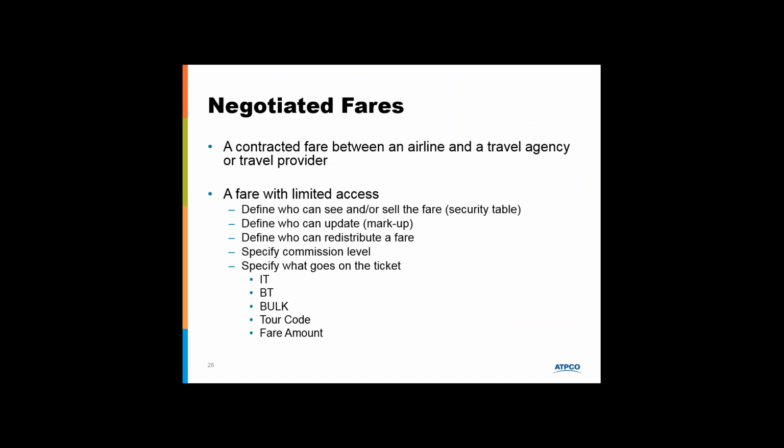We look at a little high level at some of these categories. Negotiated fares, which I think many agents are familiar with. This has the ability for the airline to indicate who can sell that, if you could mark that fare up, if you could redistribute it. They can state the commission associated on that fare and dictate what goes on the ticket.